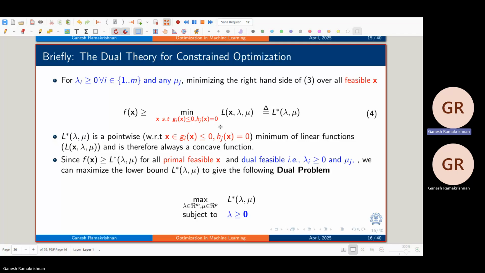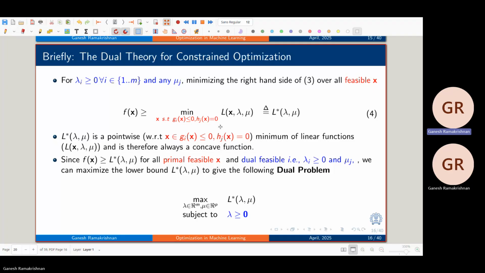I can maximize with respect to lambda and mu, but before I get there, how about eliminating x? But which x? Primal feasible x. Minimize with respect to primal feasible x's, g_i(x) less than or equal to 0, h_j(x) equal to 0.